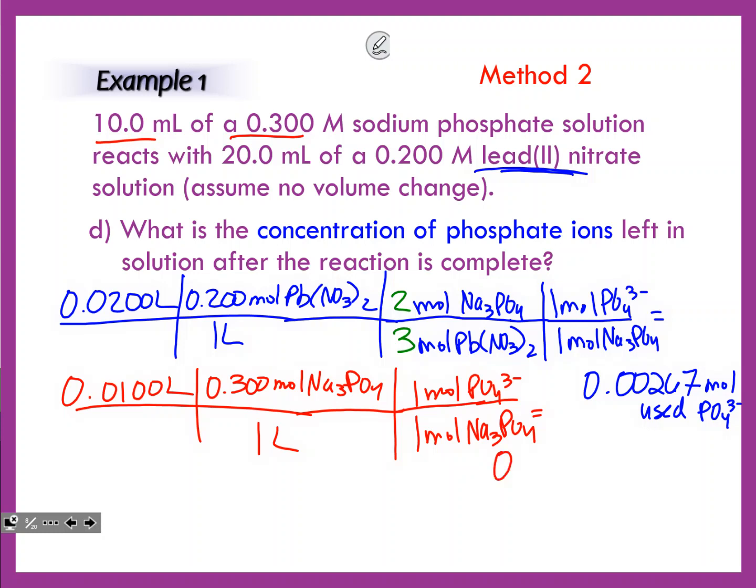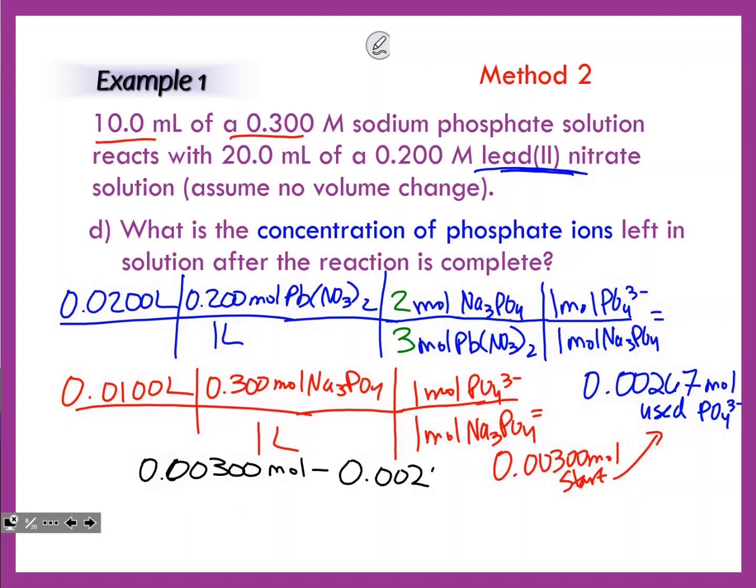So 0.00300 moles. This is the starting amount of the moles. Then you subtract, right? Starting amount, oh, I need another 0, minus the used amount. That's going to give us what's left in there. This is what? 3.3 times 10 to the minus 4 moles.